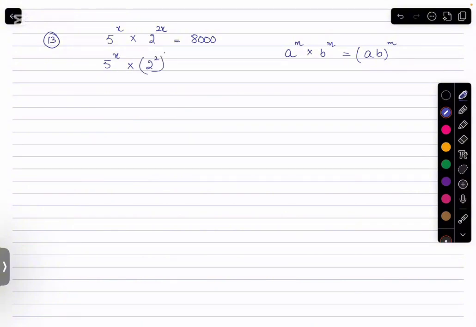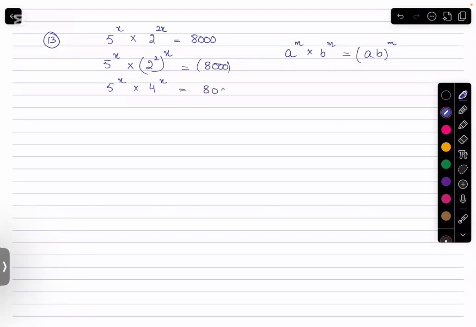We do have this, right? Can I write this as 2 square to the power of x? Yes. ठीक है, अब क्या हुआ कि यहाँ पर I can say that this is 5 to the power of x into 4 to the power of x, which is equals to 8,000.